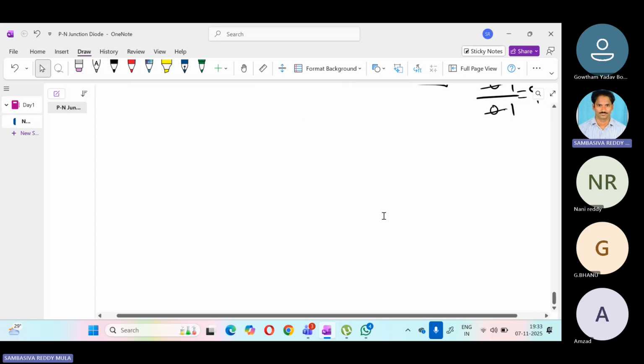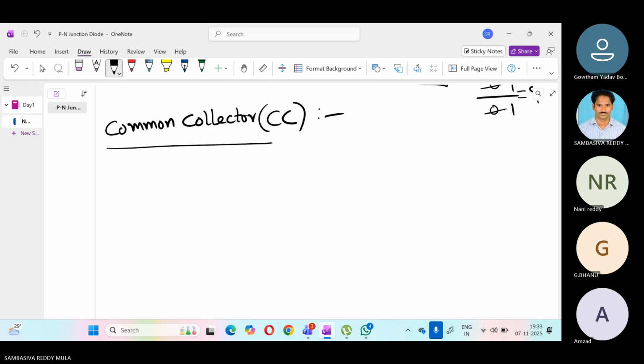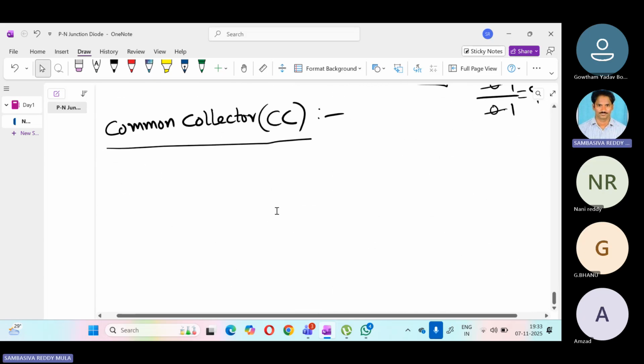Now coming to the common collector configuration, CC. How to connect the common collector configuration: the transistor will be connected like this.